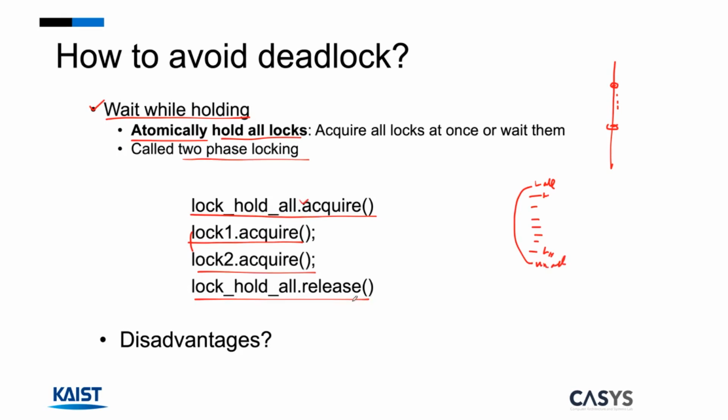They did this kind of outer lock to make this lock hold operation atomic, and then execute code and release locks. So two-phase locking is: acquire all locks, execute code, release all locks.